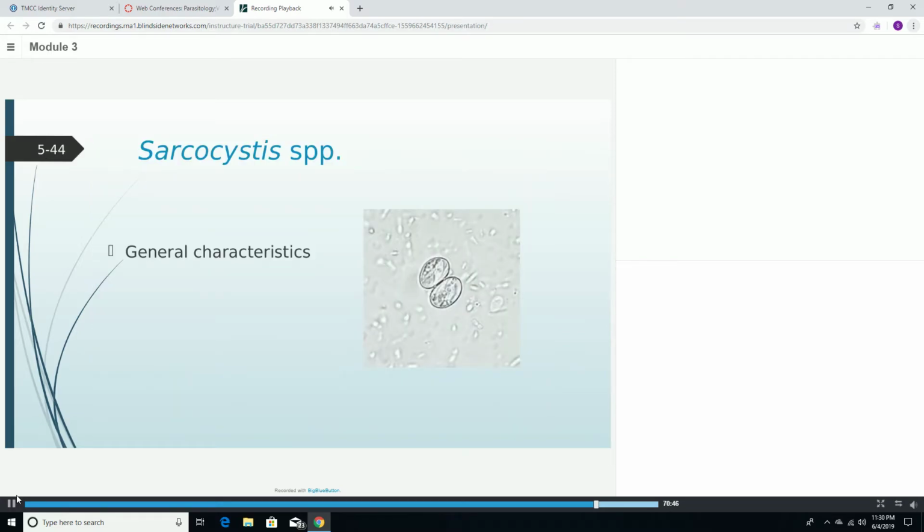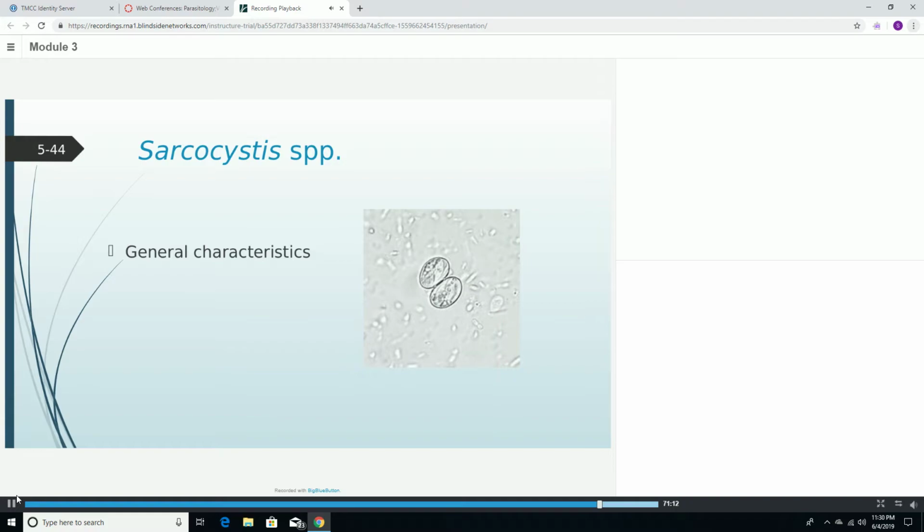So let's move on to Sarcocystis species. There are two species of Sarcocystis. It's formerly known as Isospora hominis in humans. They have a life cycle similar to that of Toxoplasma. Humans, dogs or cats can become definitive hosts if they eat undercooked intermediate hosts, which is the beef and pork tissue, and those tissues are going to contain sarcocysts.